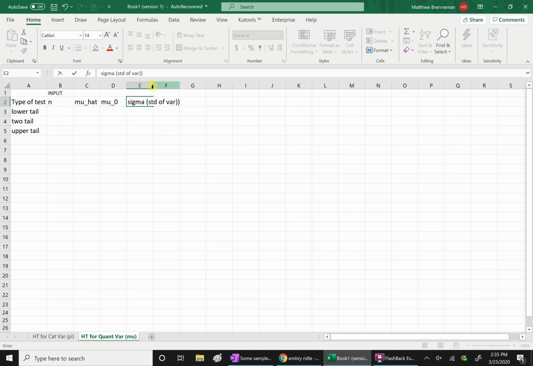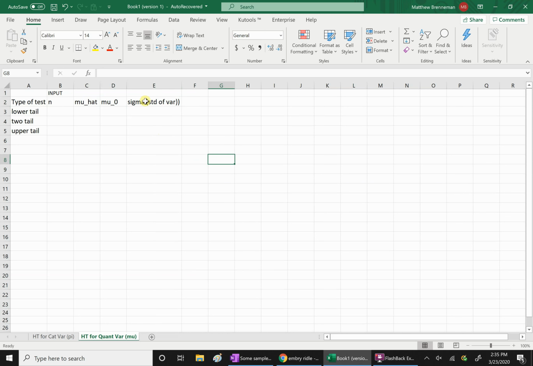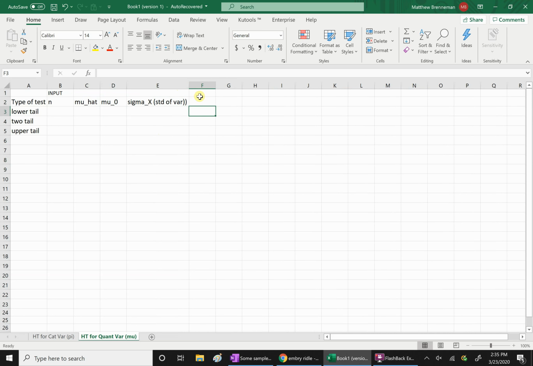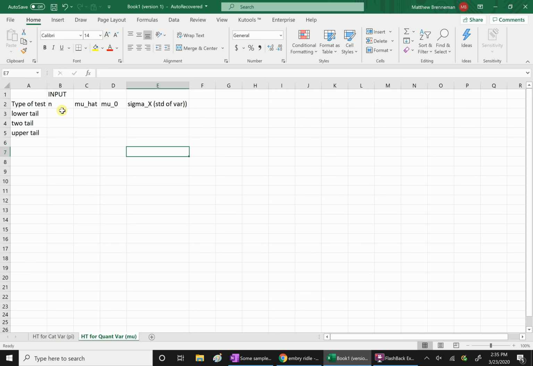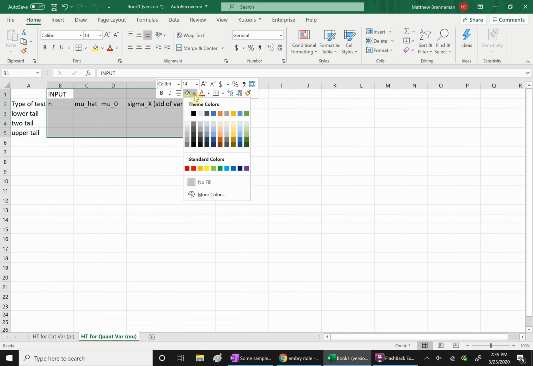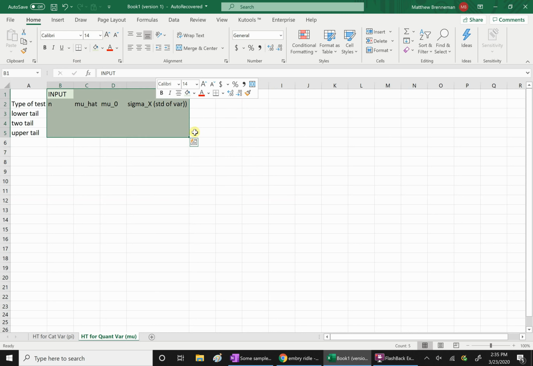And in this case, as we mentioned before, this is going to be estimated. We're going to have to use the sample standard deviation. Okay? So this is going to be our input right here. And here we'll put this in a certain color.